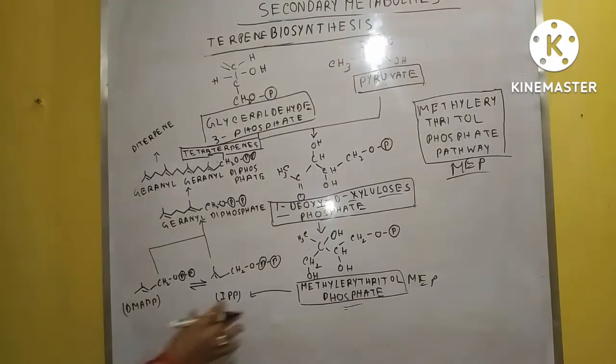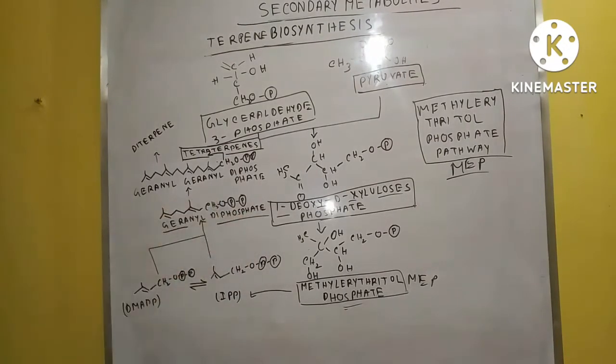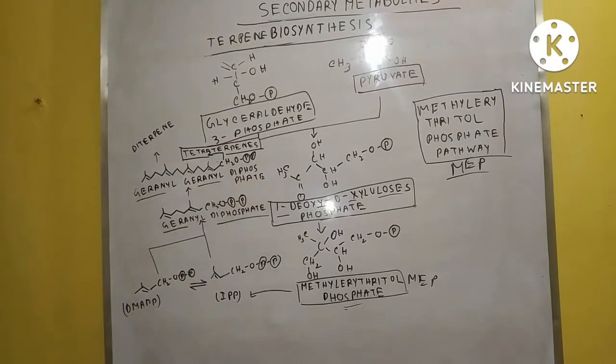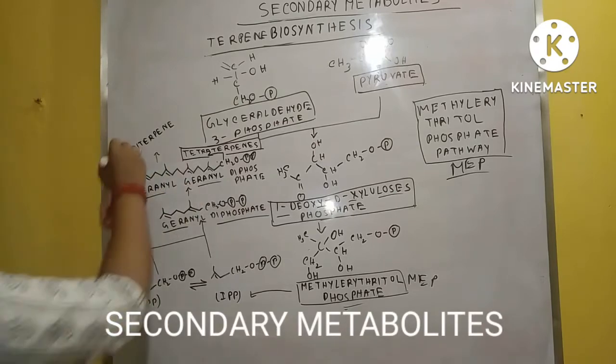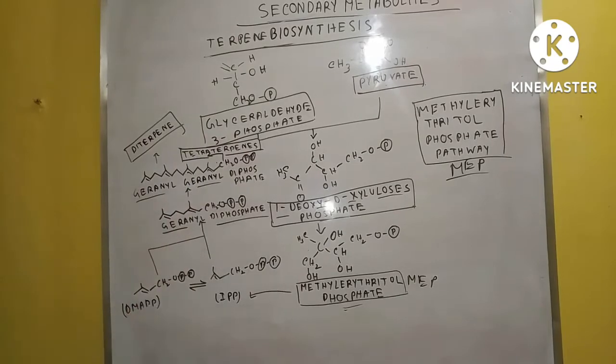Okay, IPP and DMAPP are formed, and both are joined together to form the geranyl diphosphate. Clear? From this geranyl diphosphate, the diterpene and the tetraterpenes are formed.